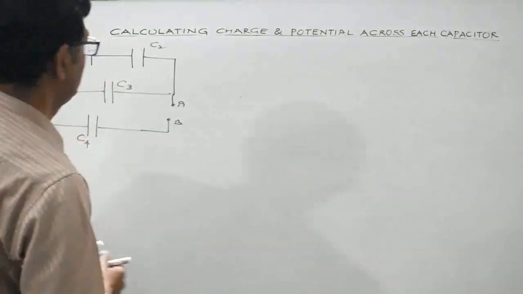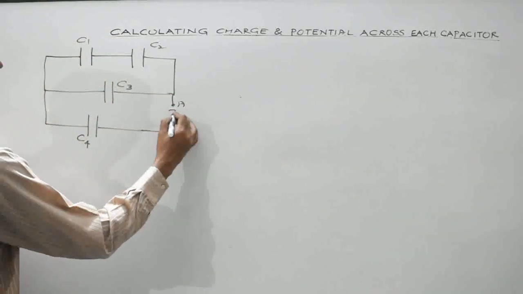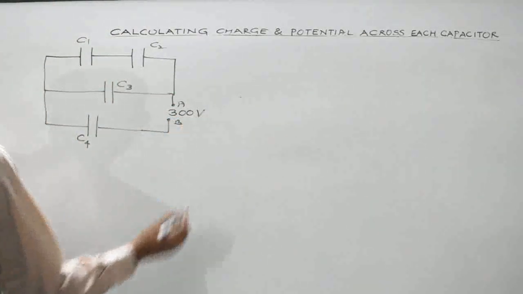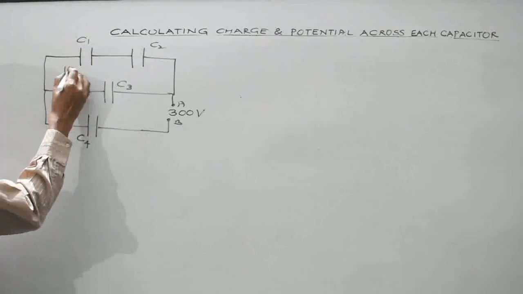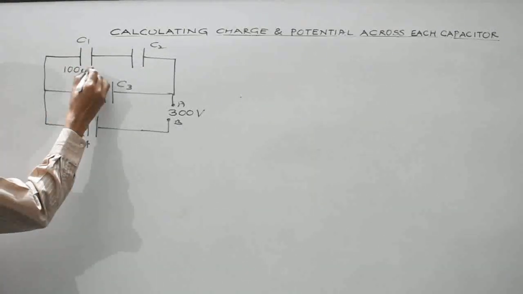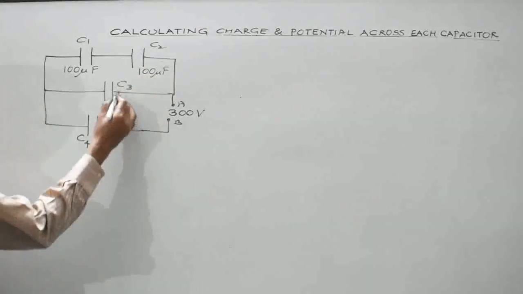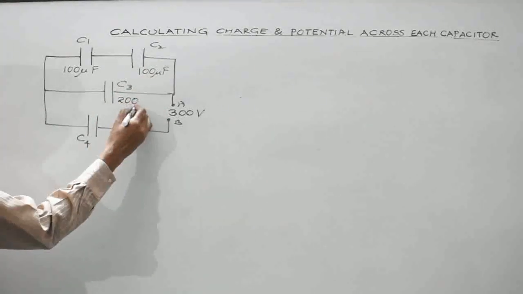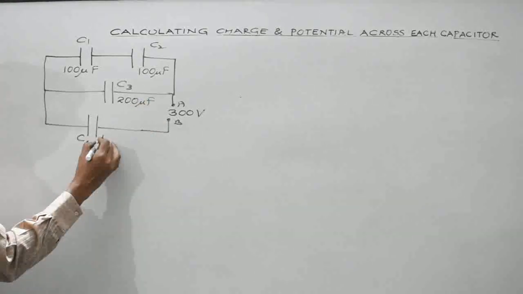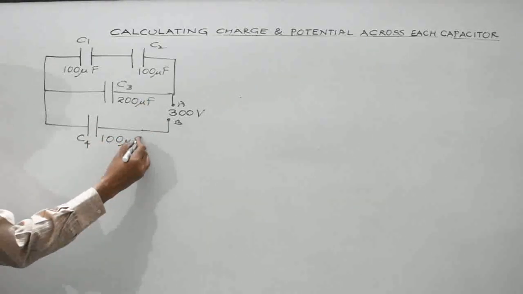Let us consider the potential difference between the points A and B is 300 volt. Let this be 100 microfarad, this be also 100 microfarad, let this be 200 microfarad, and let us consider this to be 100 microfarad.